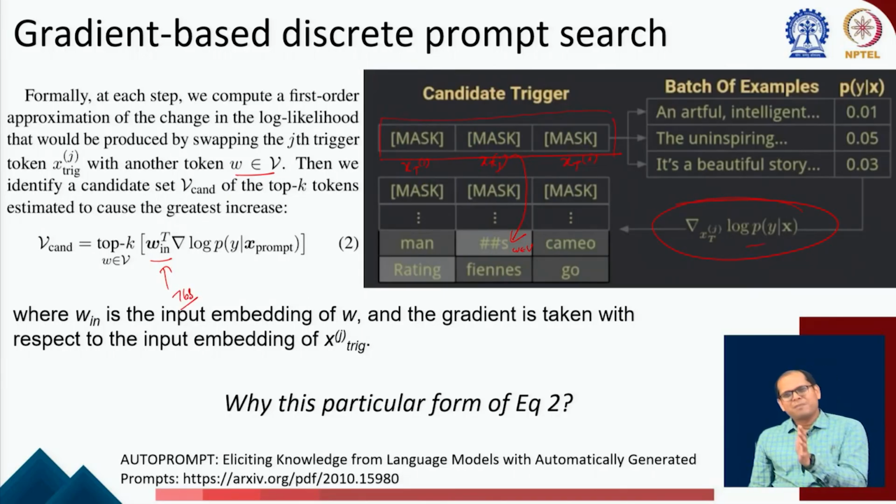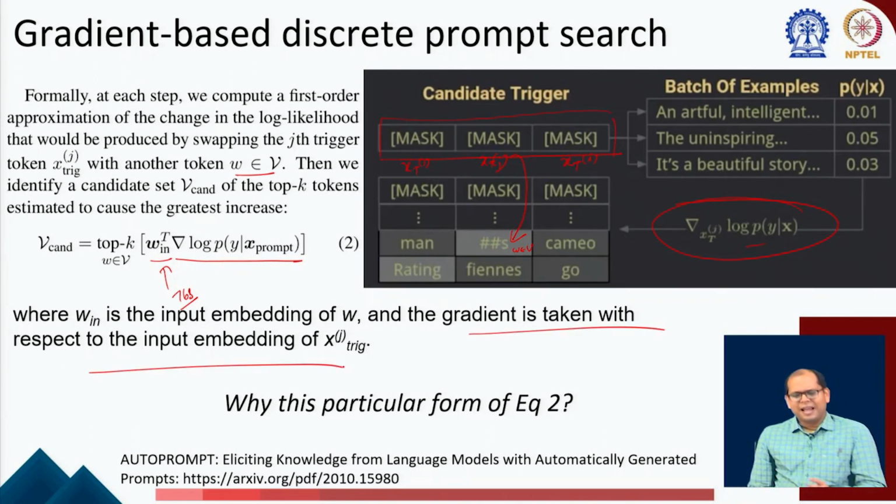So you multiply the embedding matrix row for each word with the gradient with respect to this token. This gives an approximation of how much the log likelihood changes if you replace this mask by this token, and you want the top k words that will increase the log likelihood.